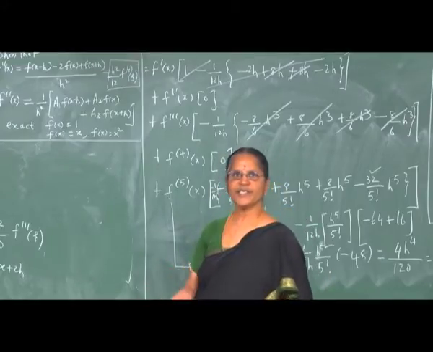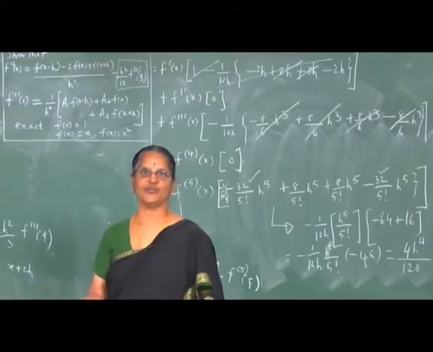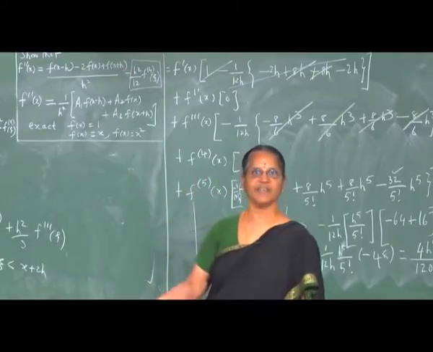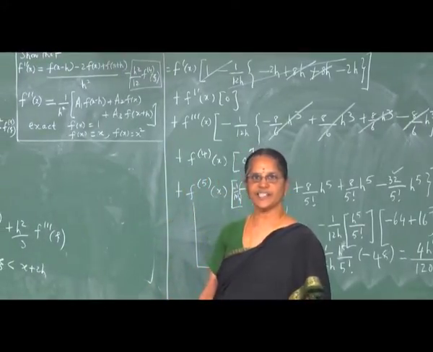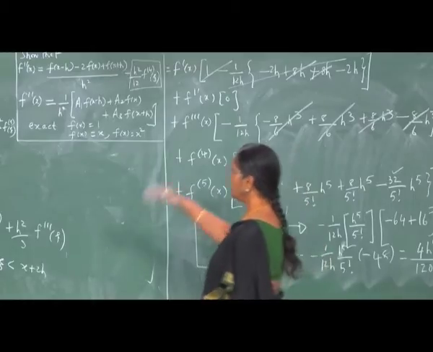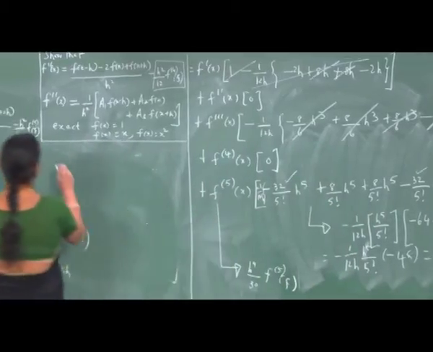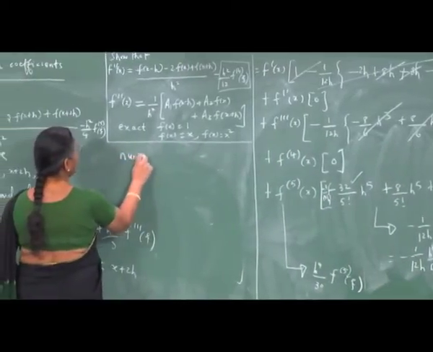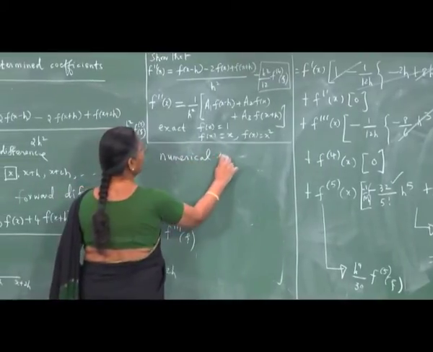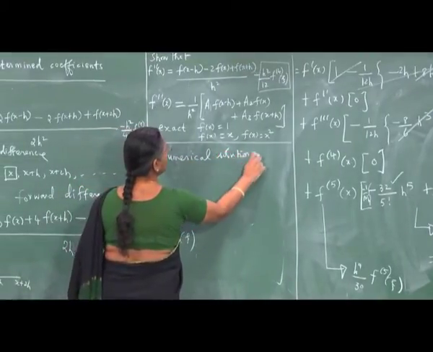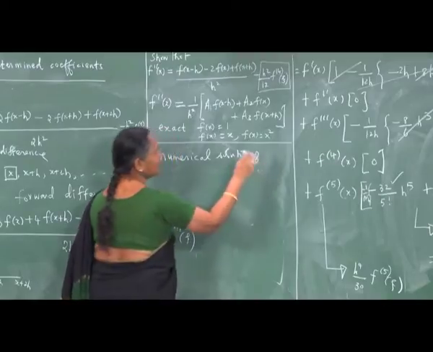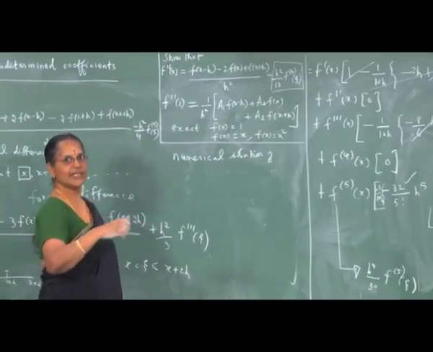The natural question is, where are they useful to us? Why are we deriving these numerical differentiation methods? These formulas are going to be very useful when we take up the numerical solution of differential equations, either ordinary differential equations or partial differential equations.